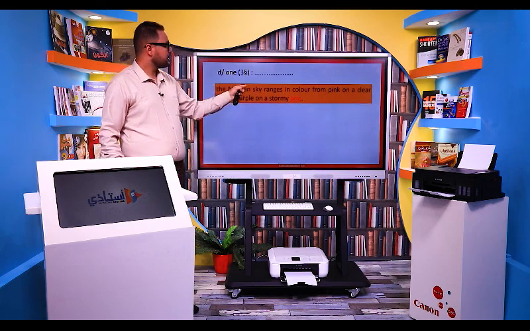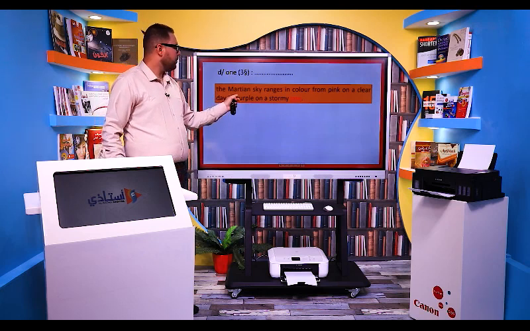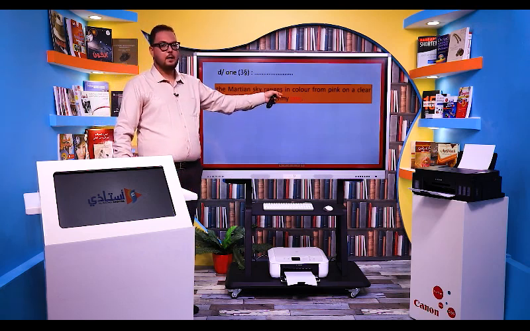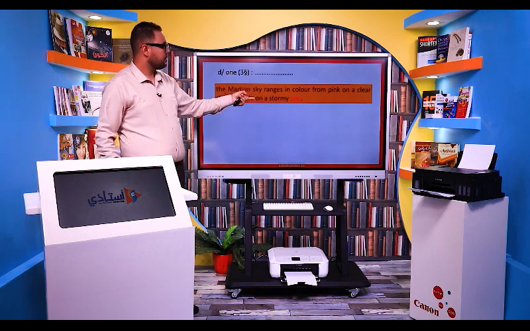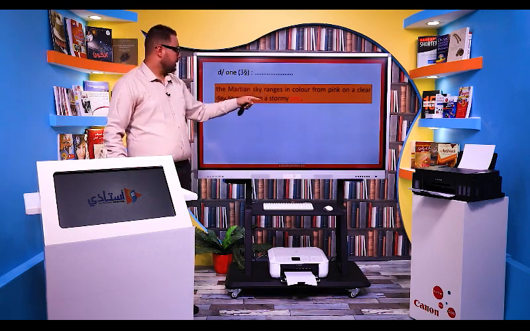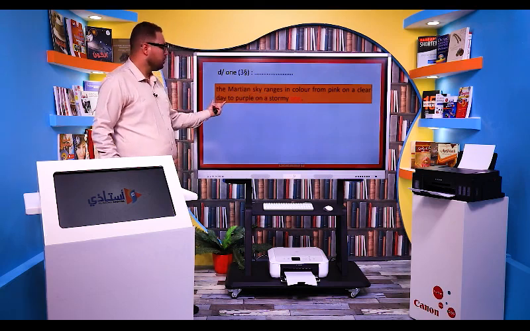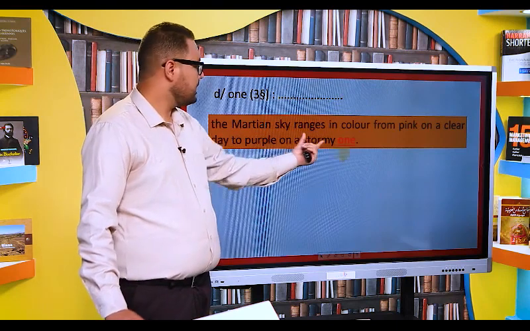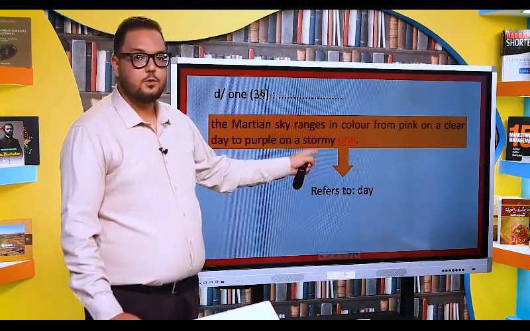The Martian sky ranges in color from pink on a clear day to purple on a stormy day. So clear and stormy are adjectives. In order to avoid the repetition of the word day, we replaced it by "one". So "one" here refers to day.